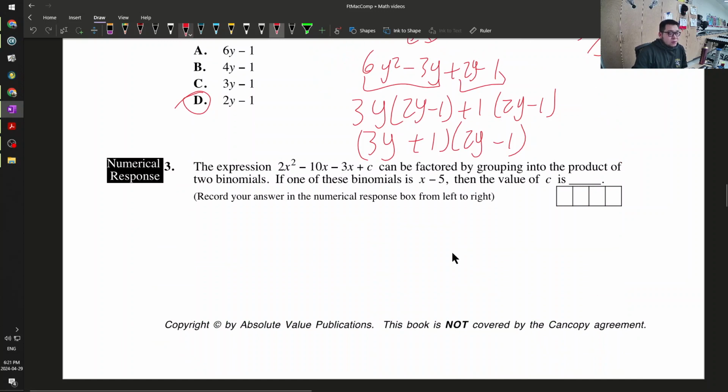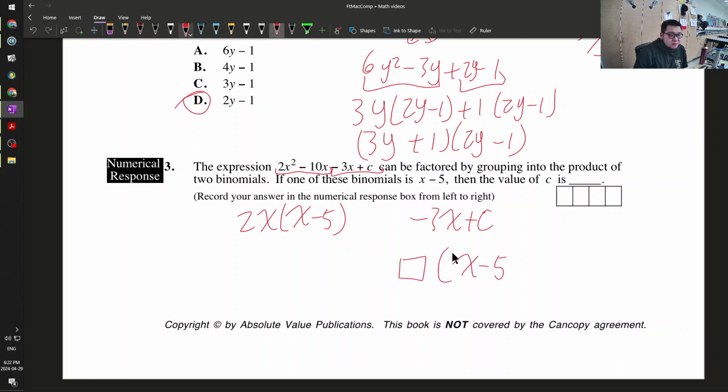12, or numerical response 3. This can be factored by grouping into the product of two binomials. If one of these binomials is x minus 5, then what is the value of c? If we group the first two, what is the common factor? It is 2x times x minus 5. So that means the second two, negative 3x plus c, must be something times x minus 5.